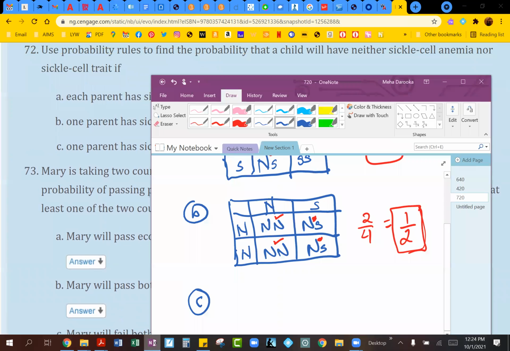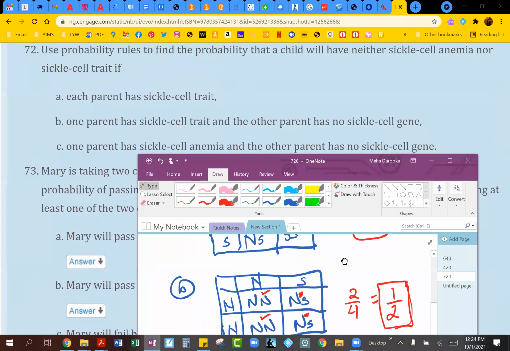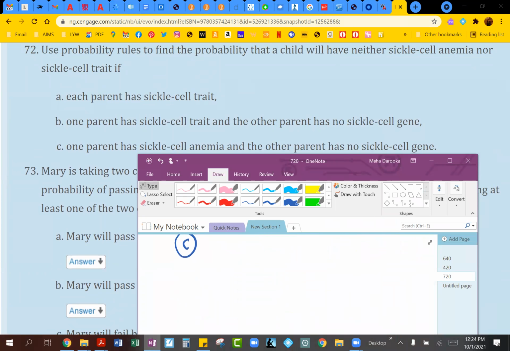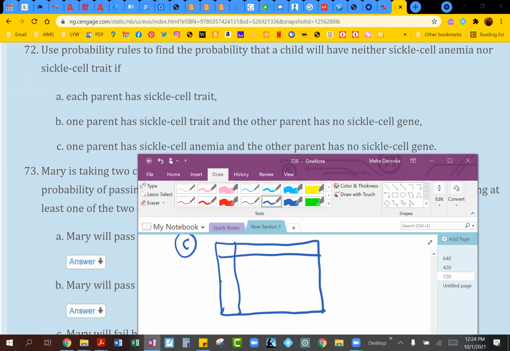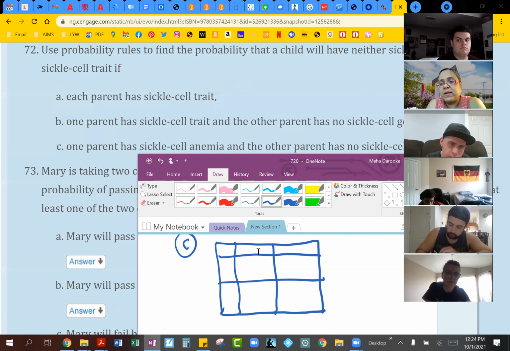All right, so the last combination they are giving us is one parent has the disease, so they're not just a carrier, they are actually diagnosed with the disease, and then the other parent has no sickle cell gene. So can you tell me, for the parent who has sickle cell anemia, what their genetic breakdown will be?